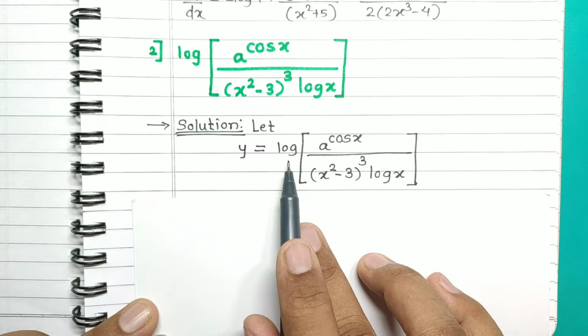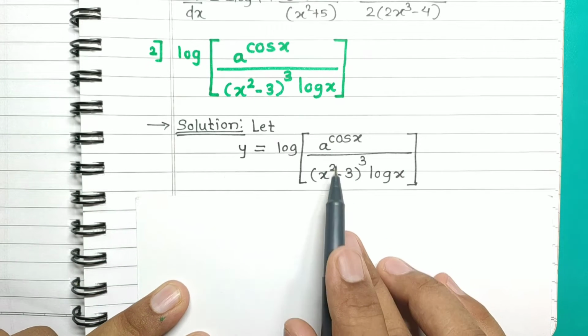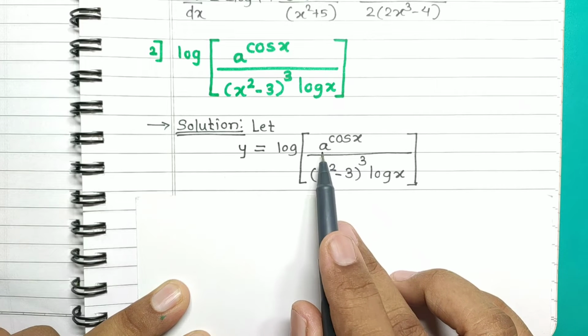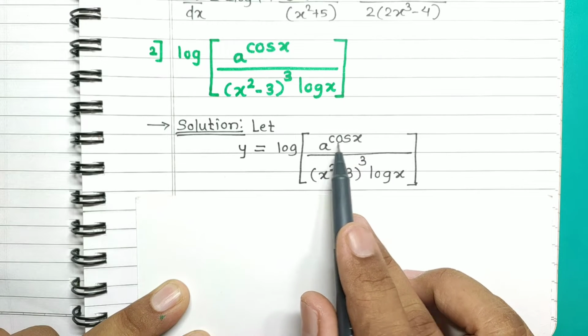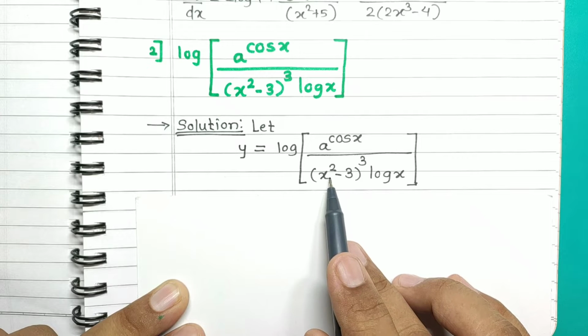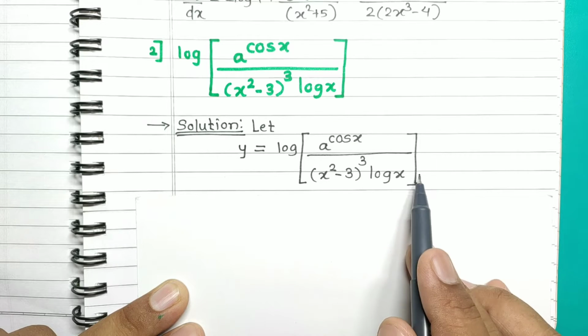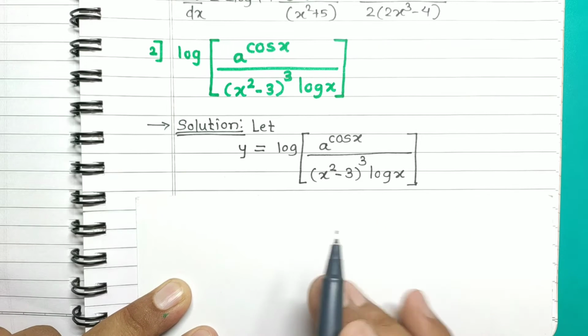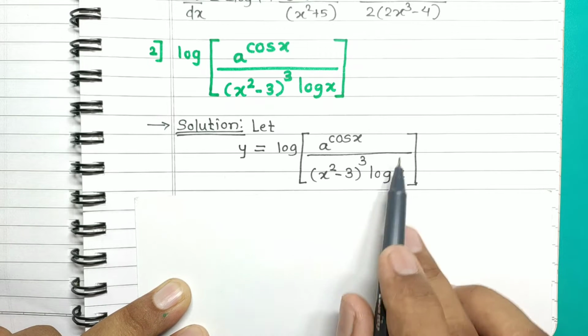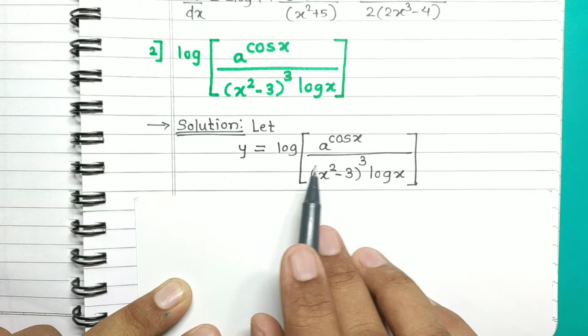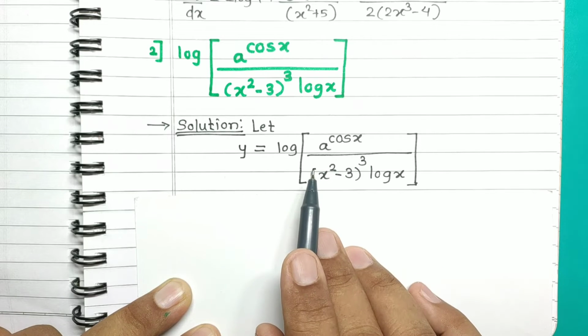Here we observe that the log contains a quotient. At the numerator, the function is a raised to cos x, and at the denominator it is x square minus 3 cube into log x. So we are going to simplify this function instead of using chain rule at this step.